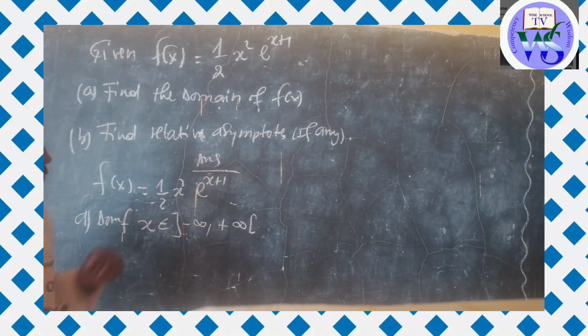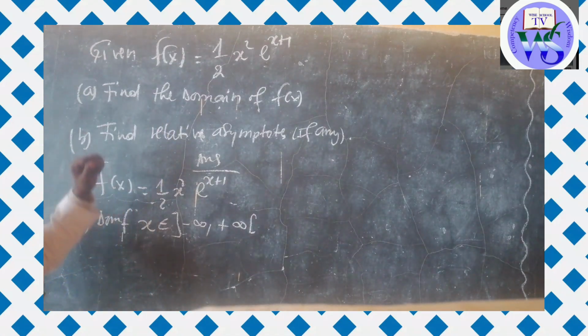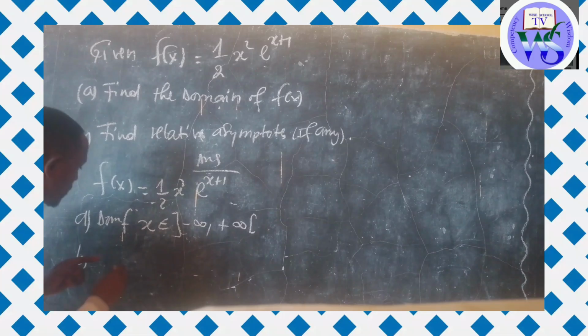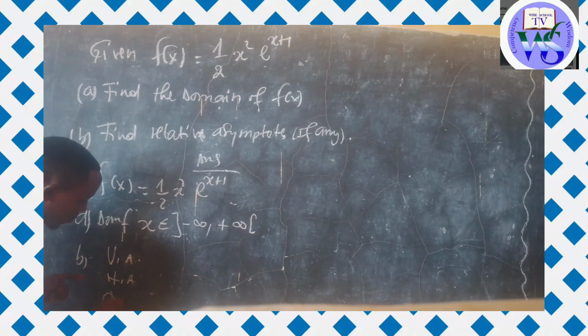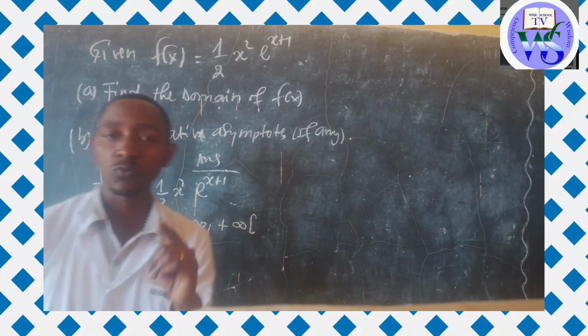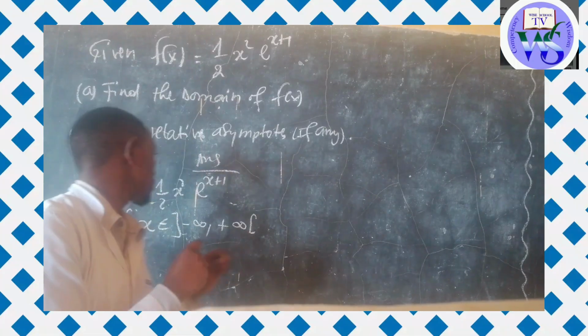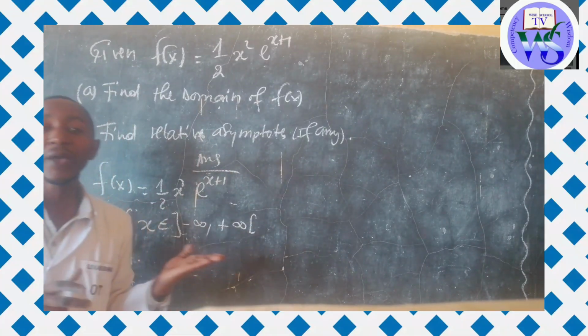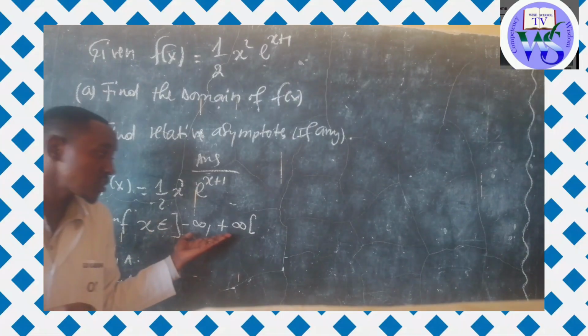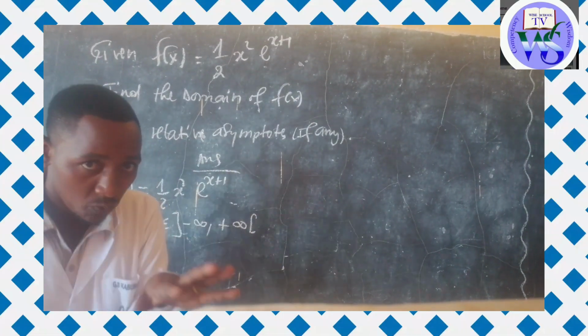So let's move to the second part, the asymptotes. For B, we need to find the vertical asymptote, horizontal asymptote, and oblique asymptote. So how to find the vertical asymptote? We find the vertical asymptote depending on the domain of the function. If the domain of the function is all numbers, there is no vertical asymptote.